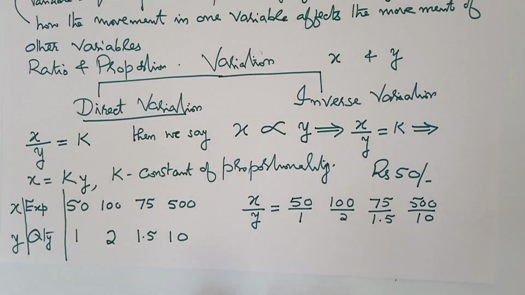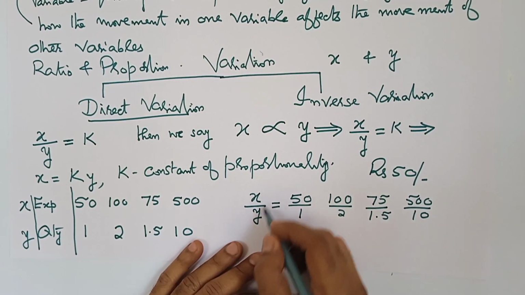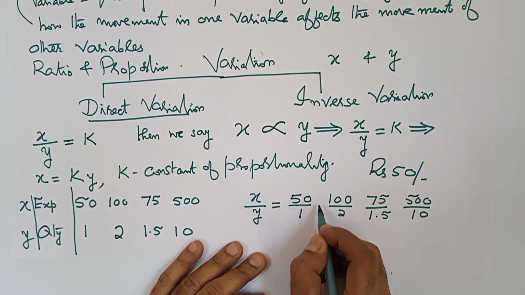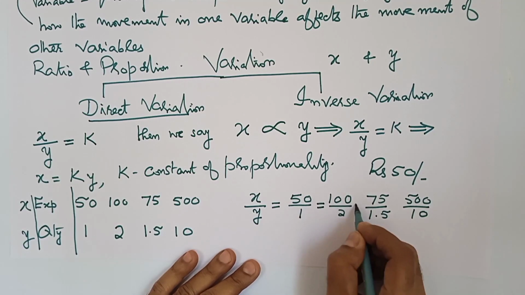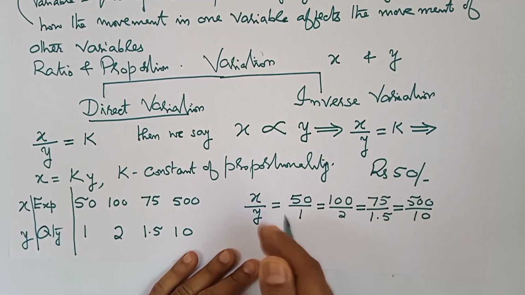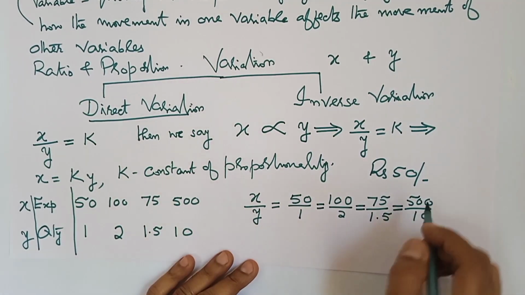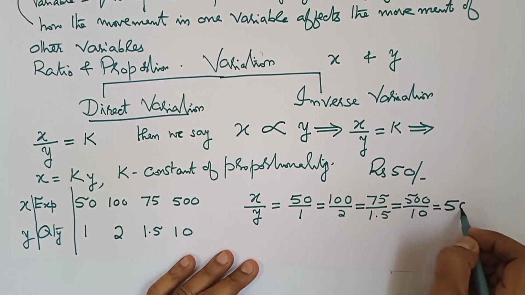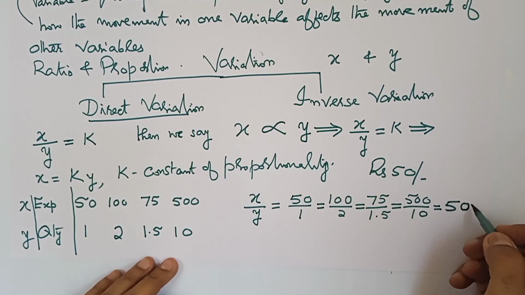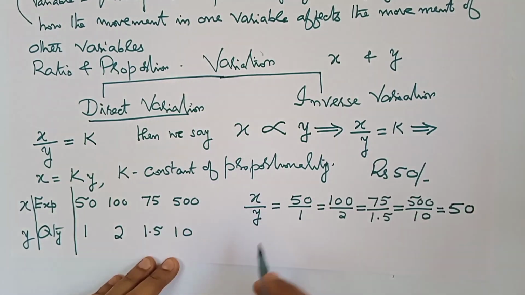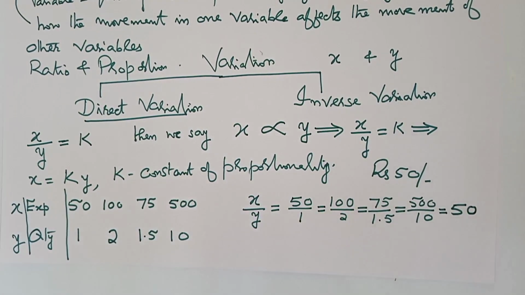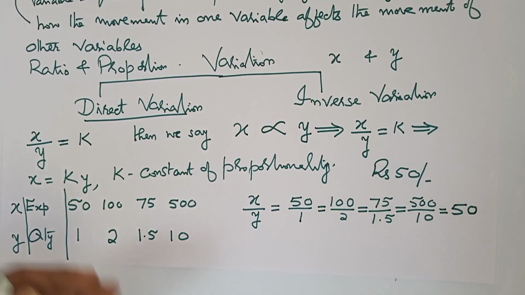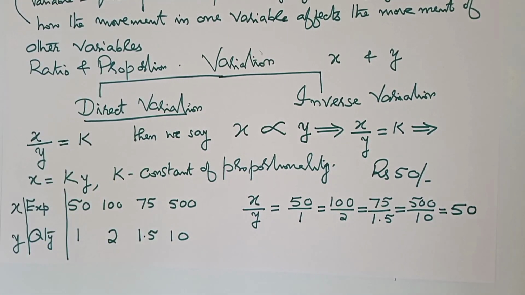Like that it goes. Whatever different values x and y are assuming, finally, while taking the ratio, they all end up being the same, and that same number in this case is 50. And 50 is the constant I refer to here. So this is a simple example to illustrate the concept of direct variation.